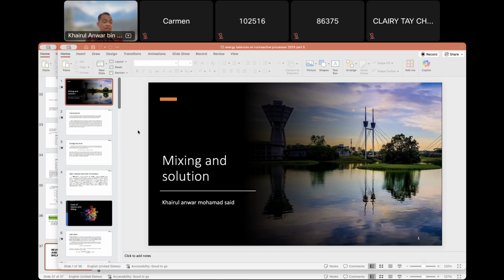Focus on the energy balance part. So mixing and solution.